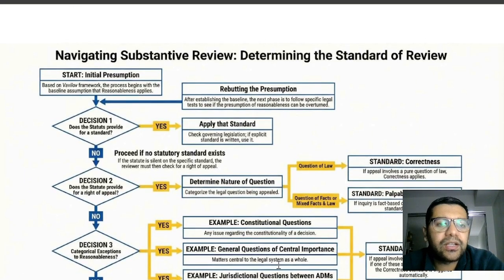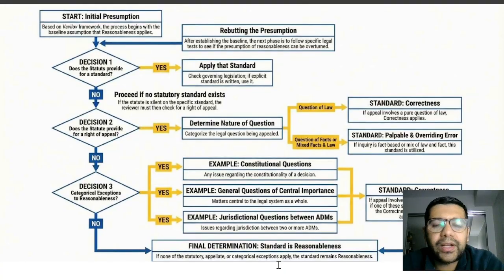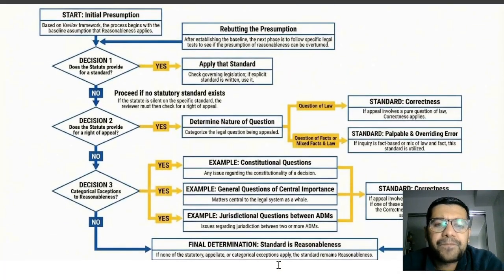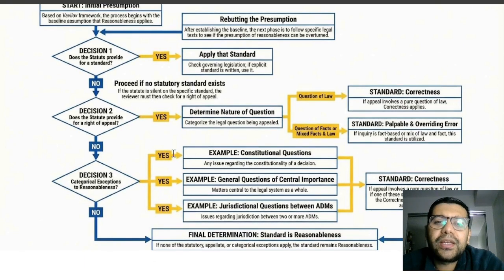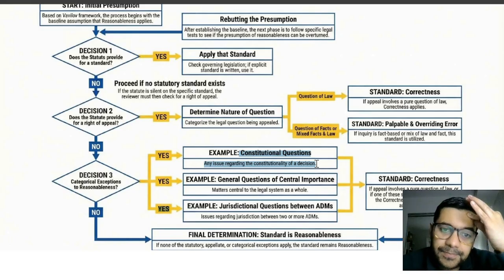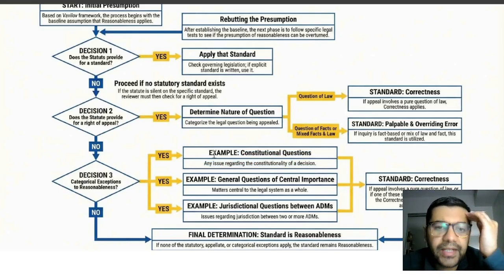So this is what the chart is about, and it's quite cool, right? You will be able to follow this chart and come to the conclusion. What it will say is that if the constitutional question has something about section 7 of the Charter rights, then that can come into the picture here, and the standard of review will be correctness at that point.